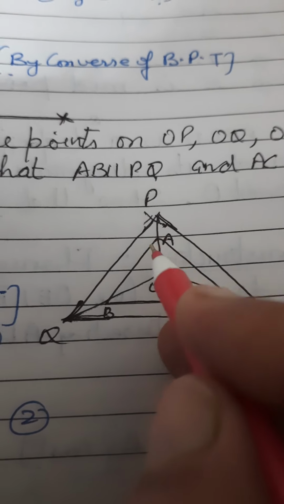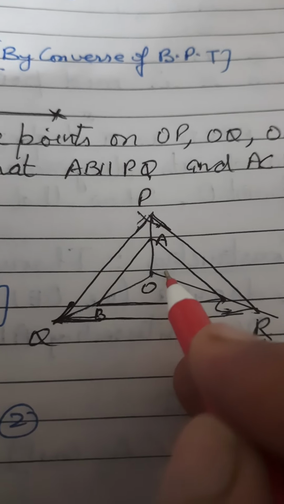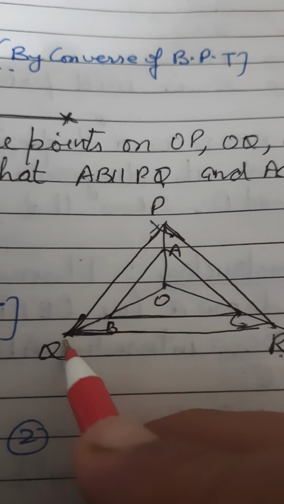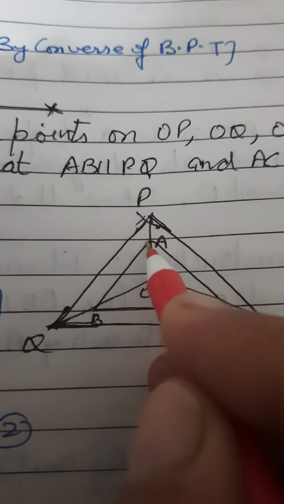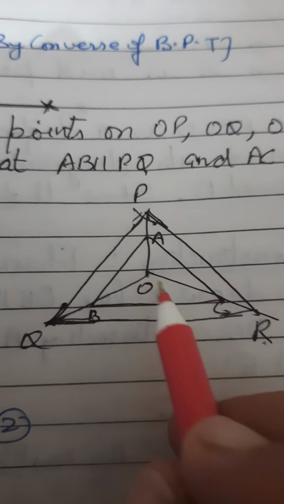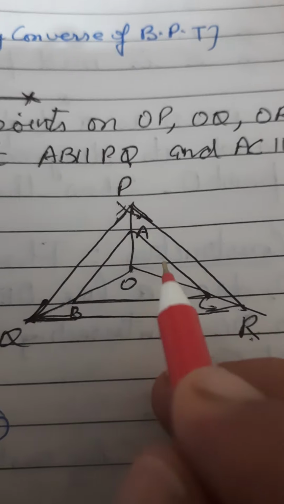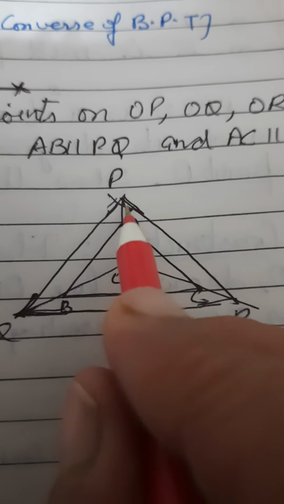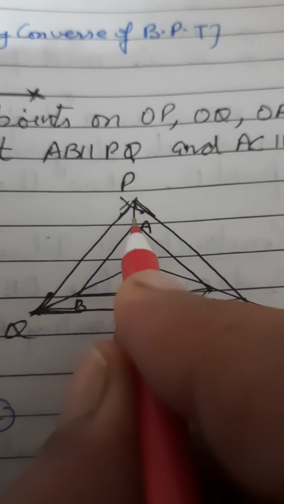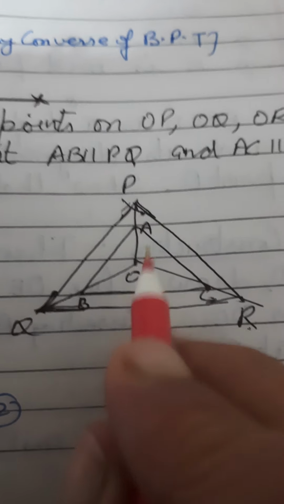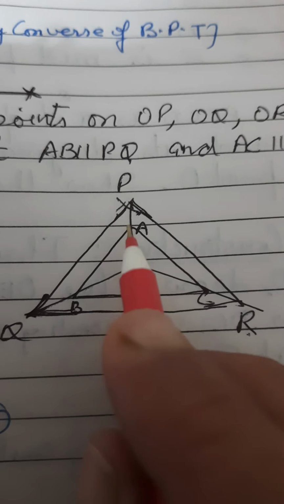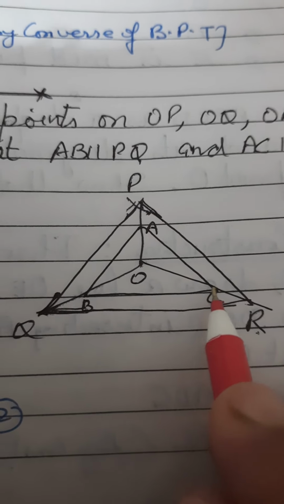Given is AB is parallel to PQ, then we will take this triangle PQO, because in this AB is parallel to PQ. From here we get OA upon AP is equal to OB upon BQ. And in this triangle we will get OA upon AP is equal to OC upon CR.